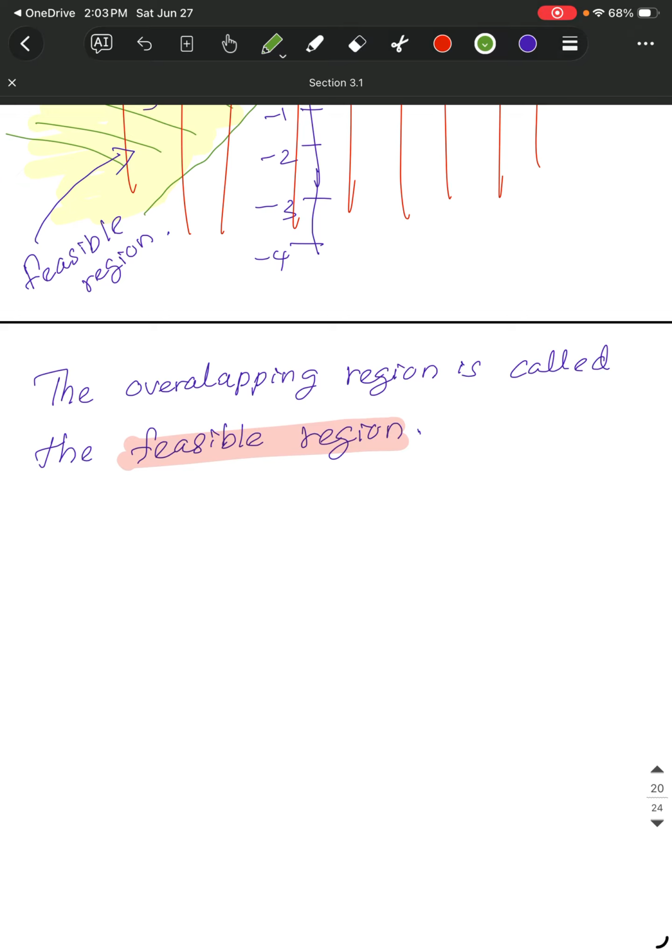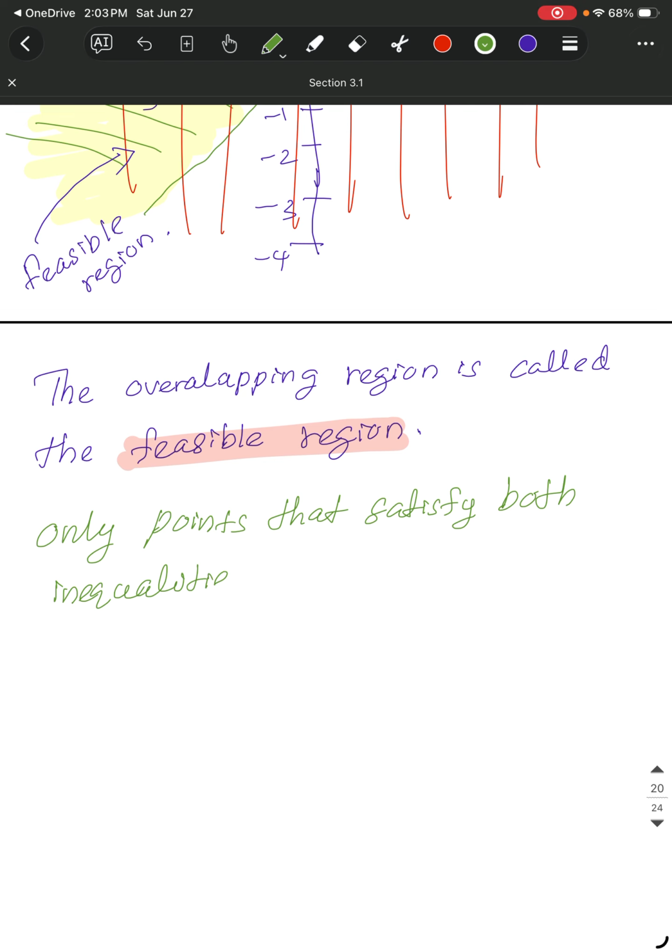And only points that satisfy both inequalities belong to the solution.